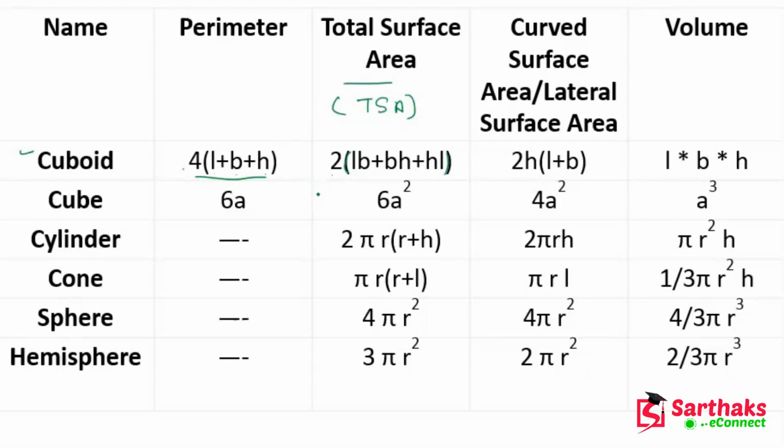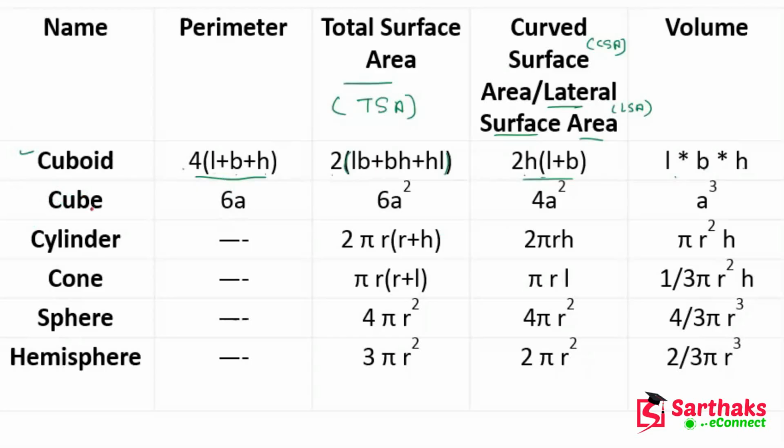The curved surface area, CSA, also called lateral surface area, LSA, is 2H into (L plus B). And the volume of a cuboid is length into breadth into height.